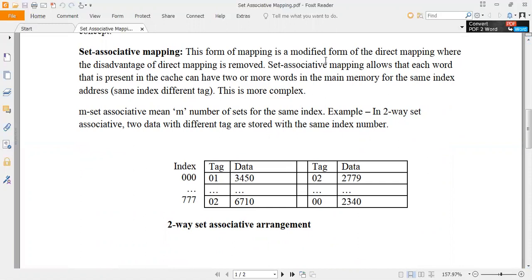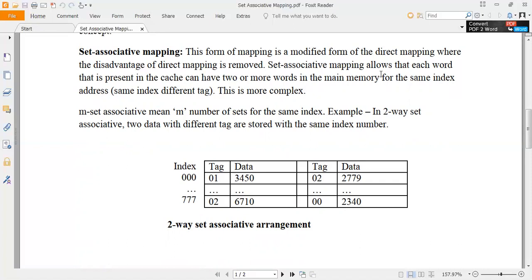Each index with a different tag cannot be stored in the cache memory at the same time. That means if I can store different tags with the same index, the problem is somewhat solved. So this is the modified form of direct mapping, where the disadvantage of direct mapping is removed. How?